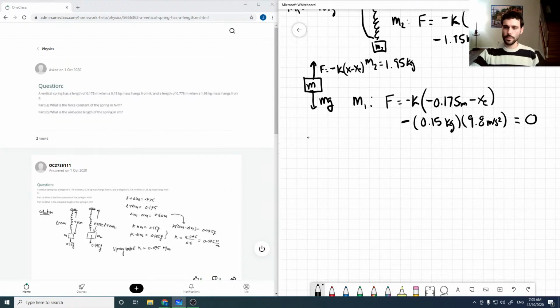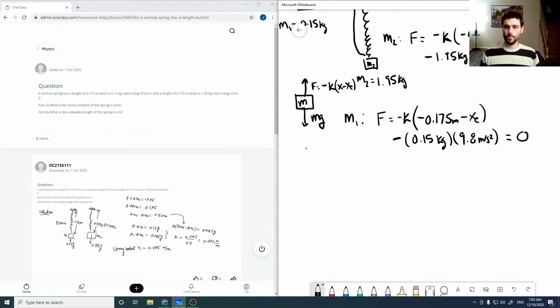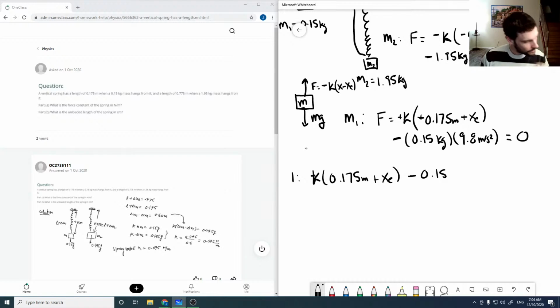Okay, so now we have two equations and two unknowns. So I'm just going to rewrite those equations out. Our first one is, I'm going to pull out some of these minuses here, so I've got k times 0.175 meters plus xe, minus 0.15 kilograms times 9.8 meters per second squared equals 0.